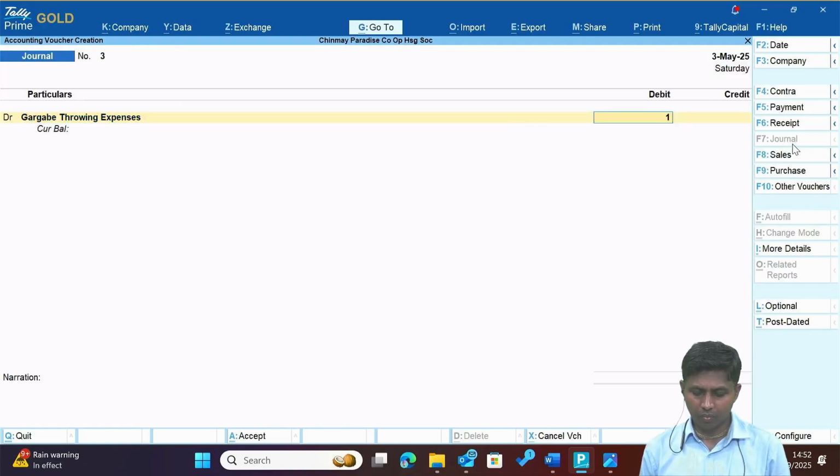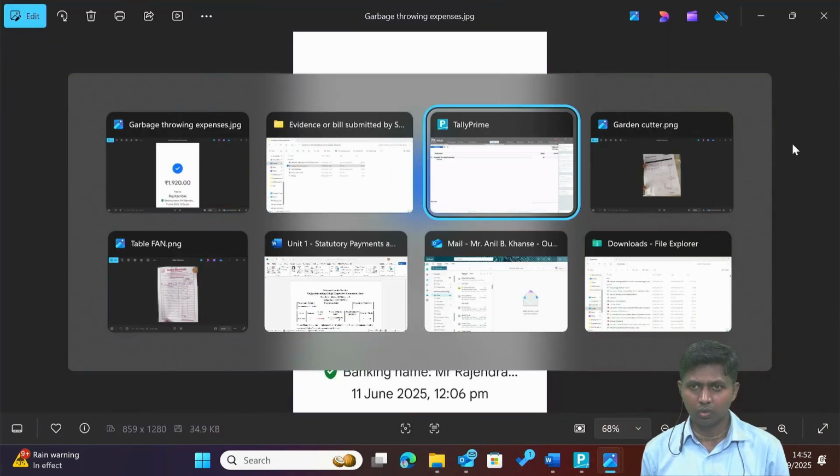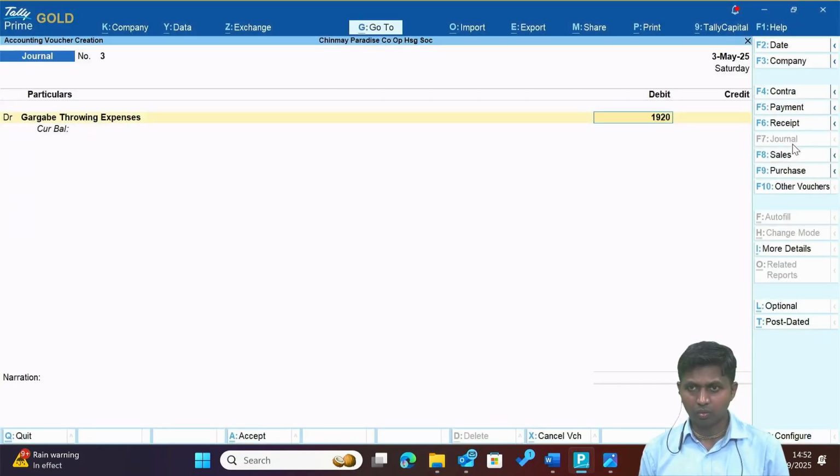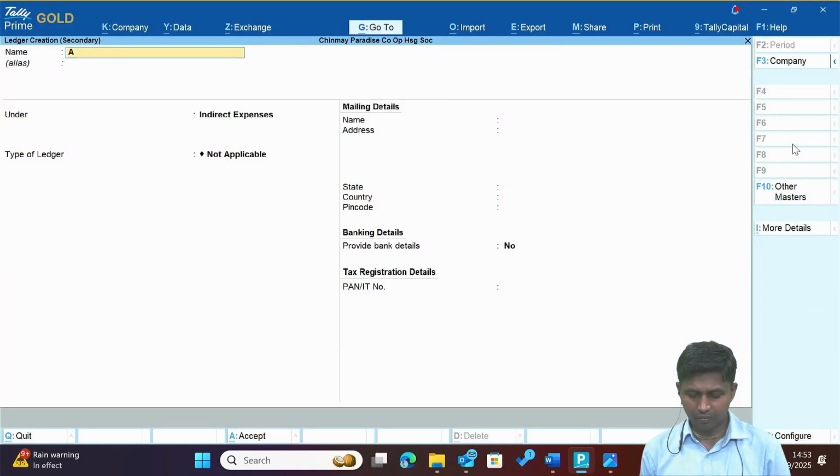Account debit, 1920, to who paid? Chairman. The name of the chairman is, or we will say advance from the chairman.